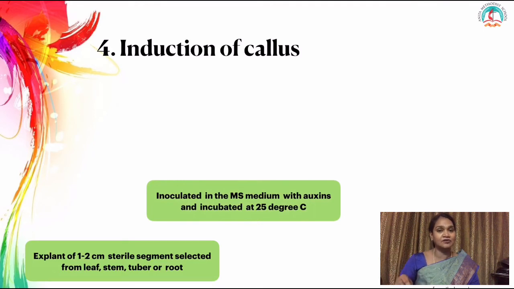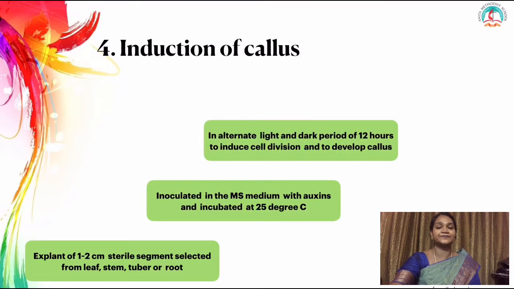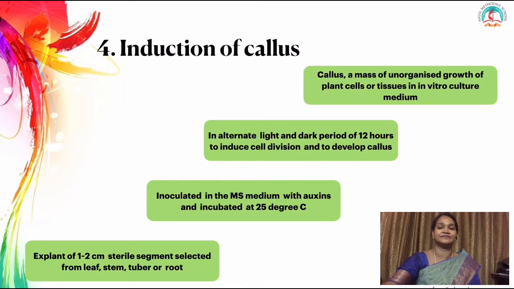Auxins are hormones which help the plant's growth, and it is incubated at 25 degrees centigrade. It alternates light and dark periods of 12 hours to induce cell division and develop the culture. Finally, the callus, a mass of unorganized growth of plant cells, is produced in the in vitro culture medium.